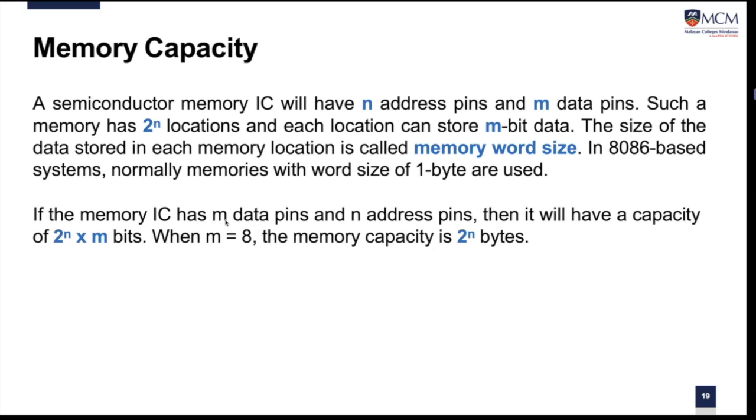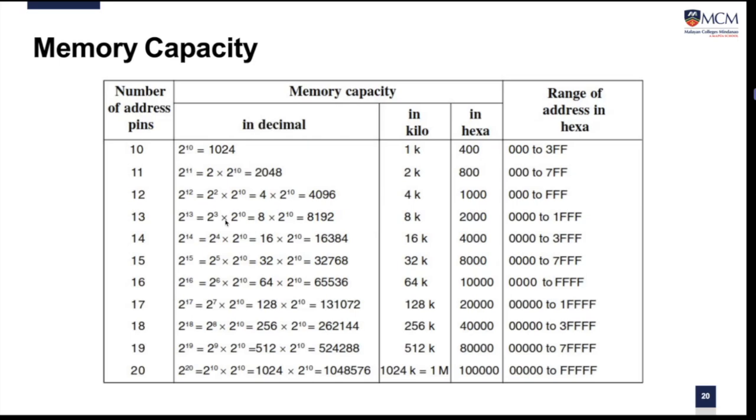In 8086-based systems, normally memories with word size of 1 byte are used. If the memory IC has M data pins and N address pins, then it will have a capacity of 2 raised to N times M bits. When M equals 8, the memory capacity is 2 raised to N bytes. So as you can see in this table, this is the memory capacity depending on the number of pins.